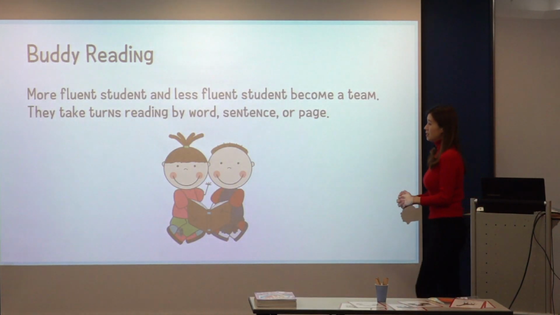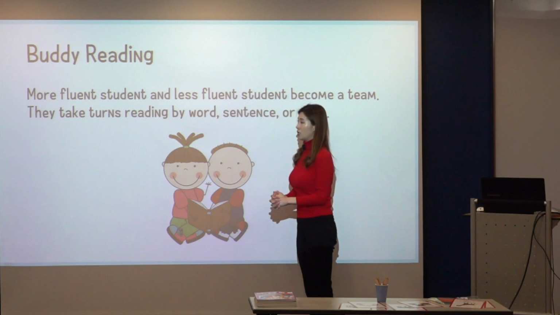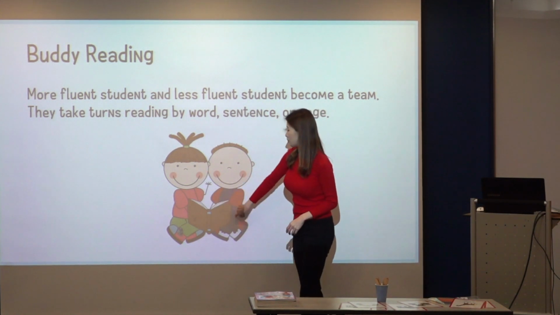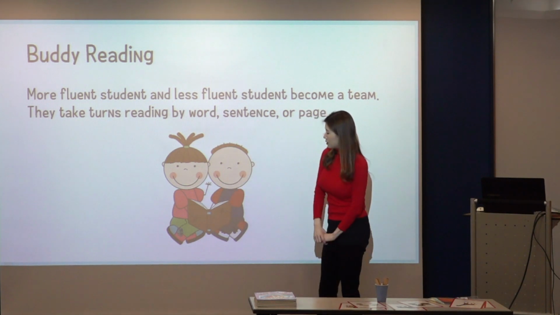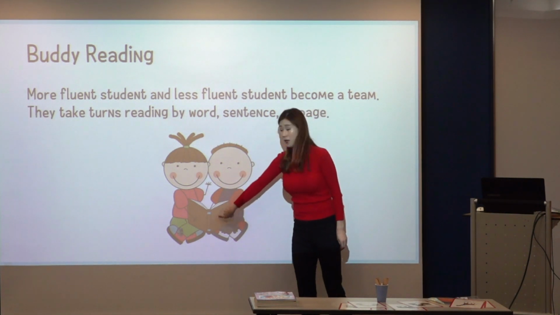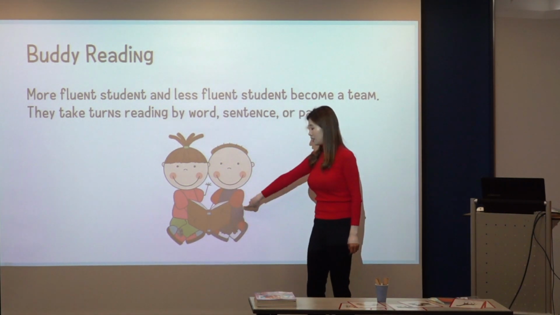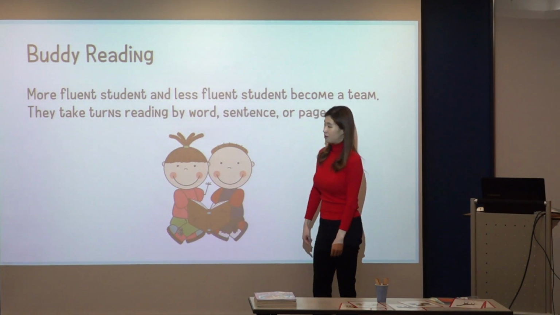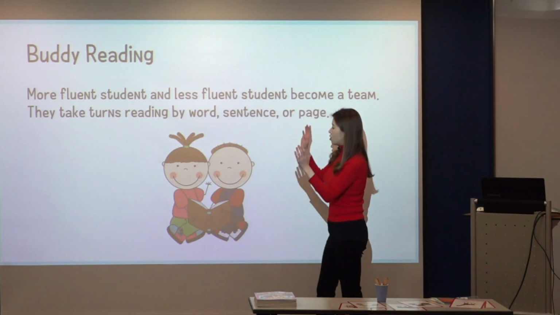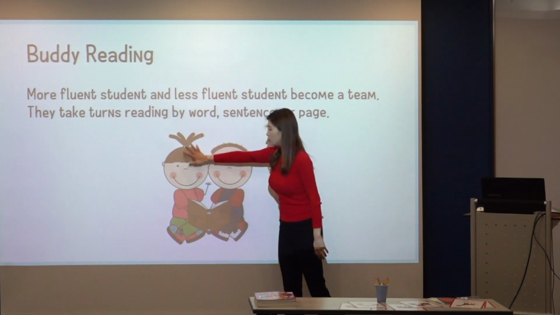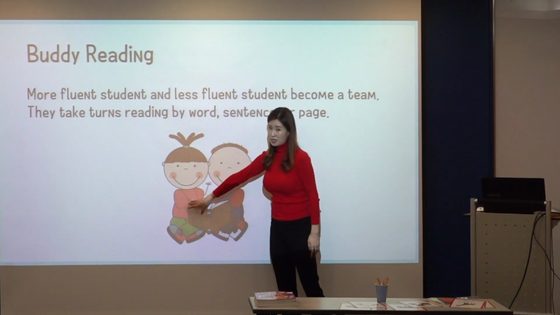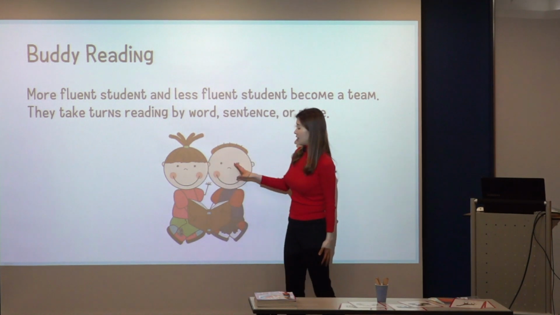And the last one is buddy reading. Look at this picture. Can you see 2 people, 2 students? But they're holding a book, which means they read the same book together. So you pair 2 students up, but one student should be more fluent than the other.